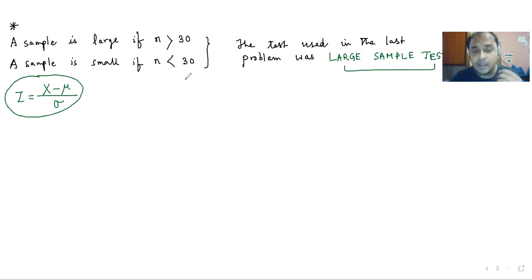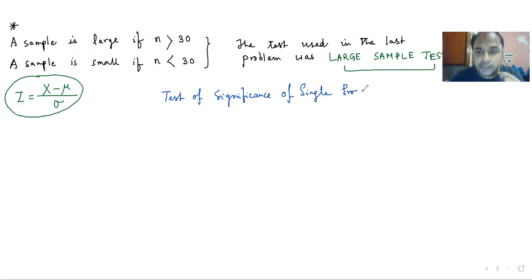Okay. Now let us analyze the situation a little bit further. This particular test that I used in the previous class was a special type of test. It is called test of significance of single proportion.